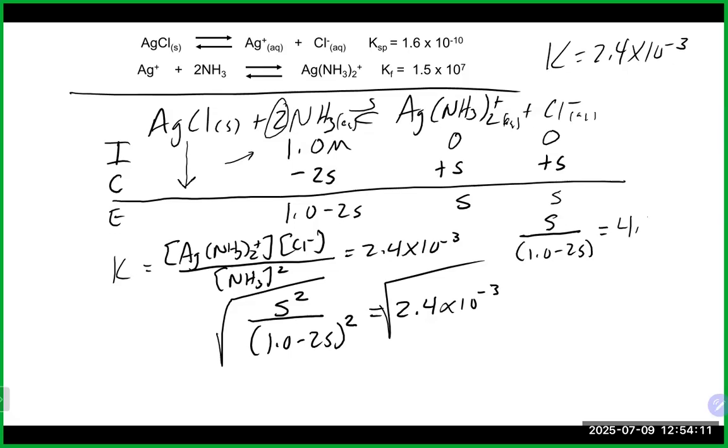Going to get us 4 point, and we'll call it 90 times 10 to the minus 2. We're going to multiply that to the other side. Will give us S is equal to 4.9 times 10 to the minus 2 minus basically times 2 there, I think.